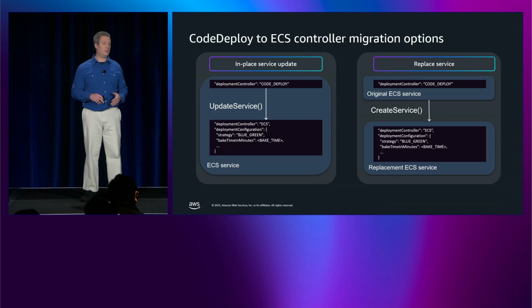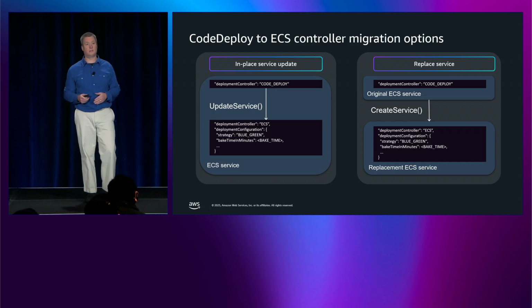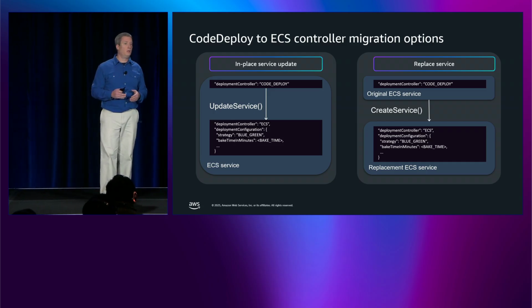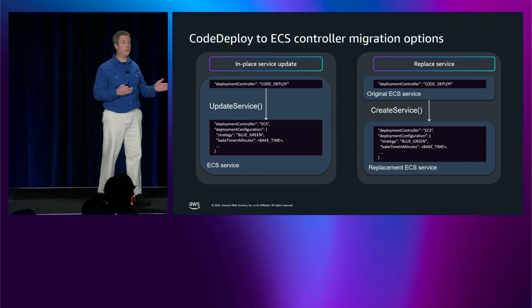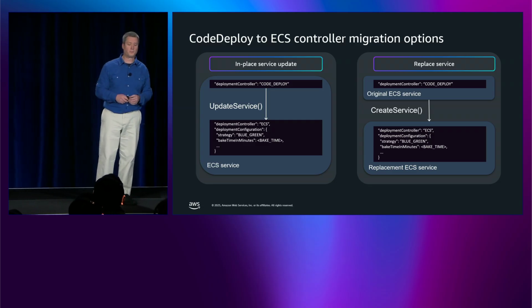Also, you have two different ways if you want to migrate from CodeDeploy to ECS deployment strategies. You can do just an update service, so update in place, and move both the deployment controller as well as the deployment configuration to what you want it to be.